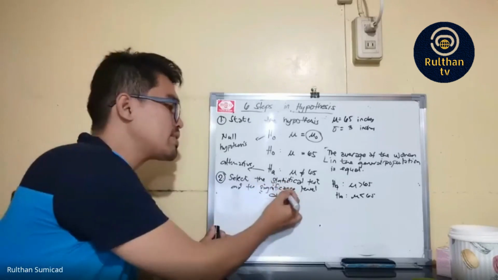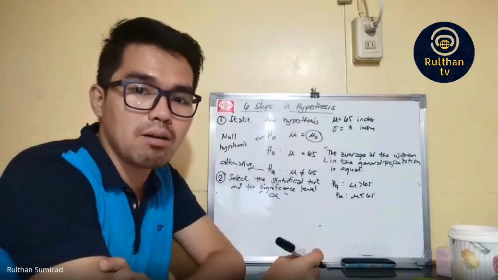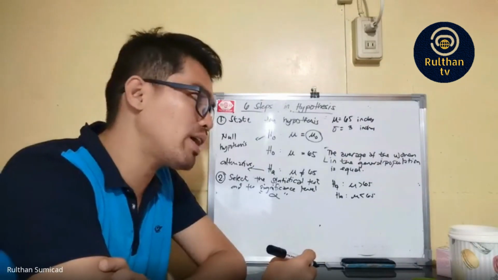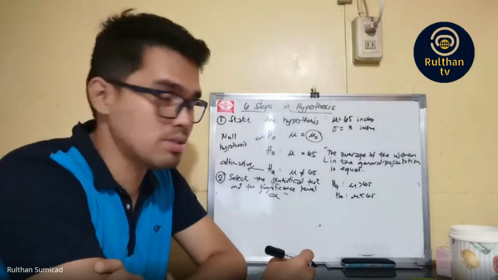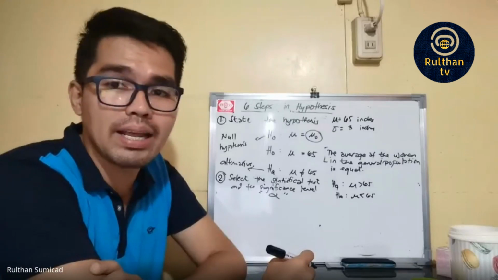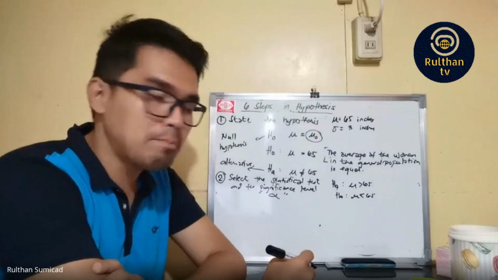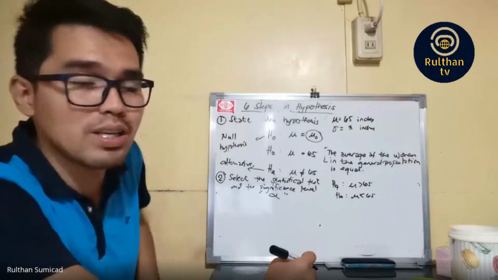Okay? This is step two. We are going to identify what statistical test is to be used. And then at the same time, we will assign our alpha. That's why alpha is already or must be assigned before doing the hypothesis testing. That is the protocol.